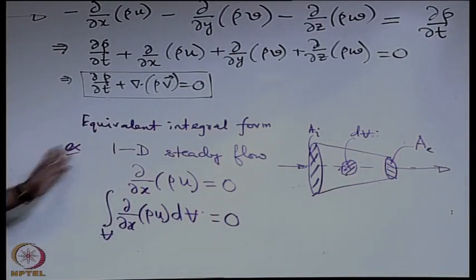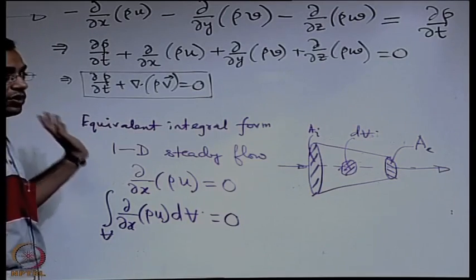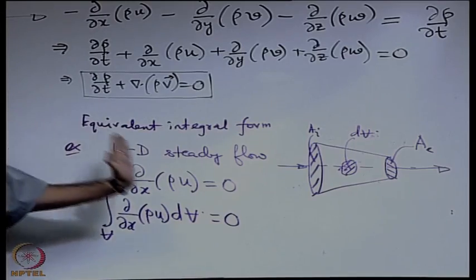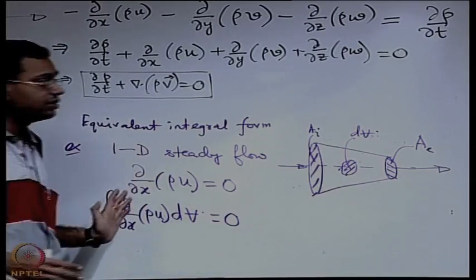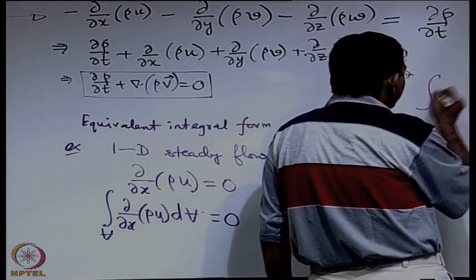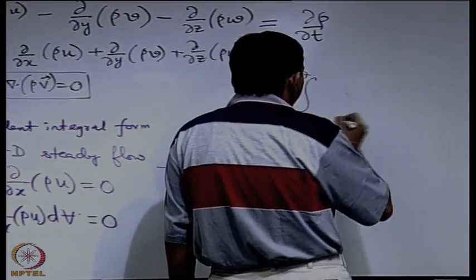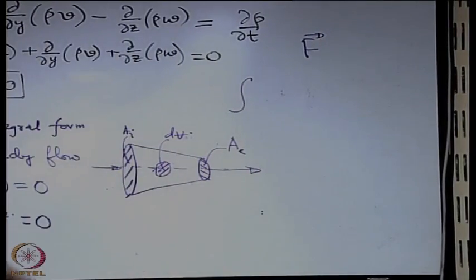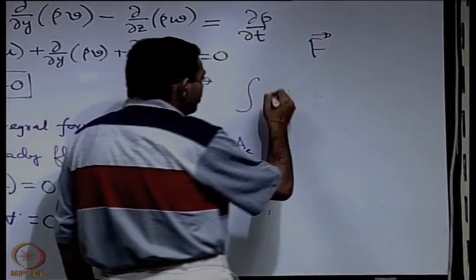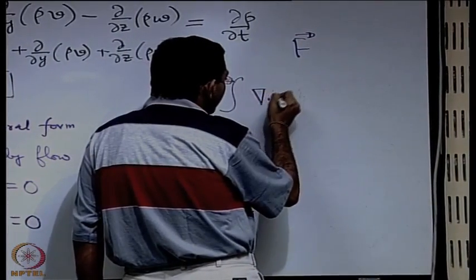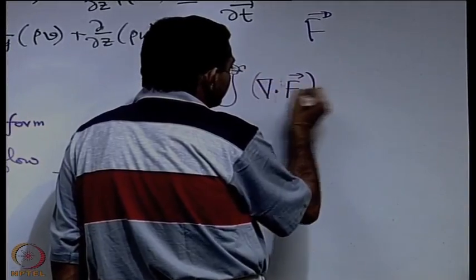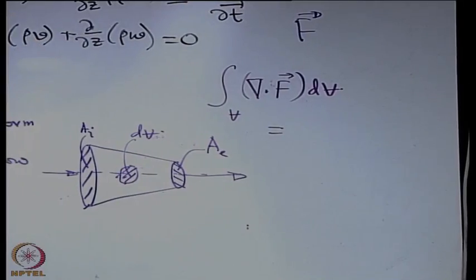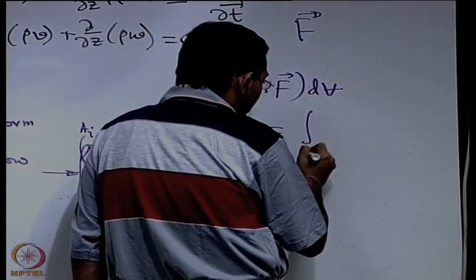If you recall, in vector calculus there is a theorem called the Gauss divergence theorem, which converts a volume integral into an area integral or vice versa. So what is that theorem? If you have, say, f as a general vector function, then the volume integral of the divergence of f is given by an area integral.